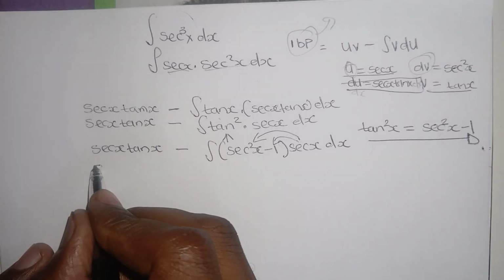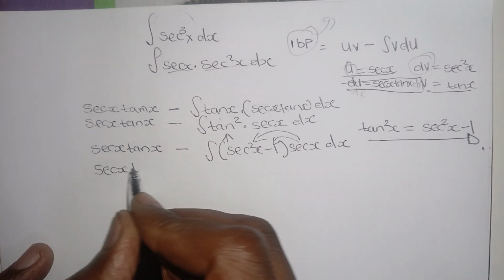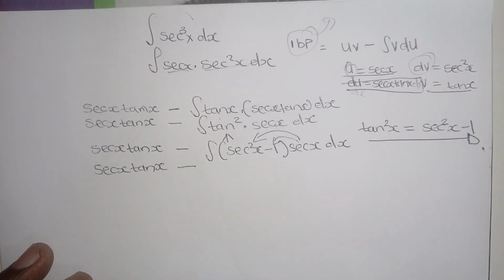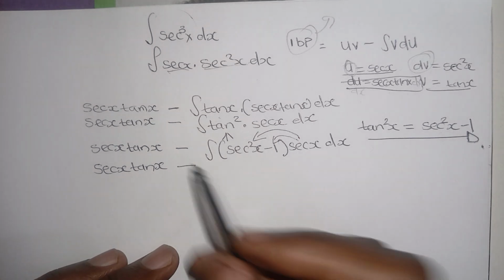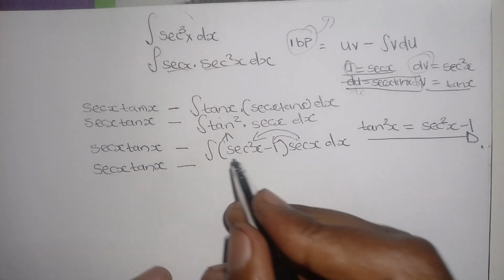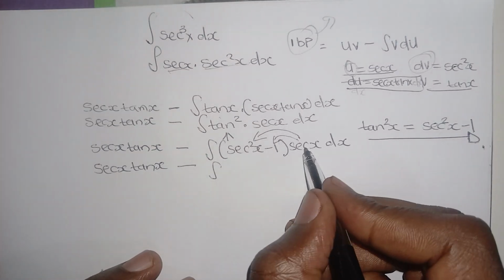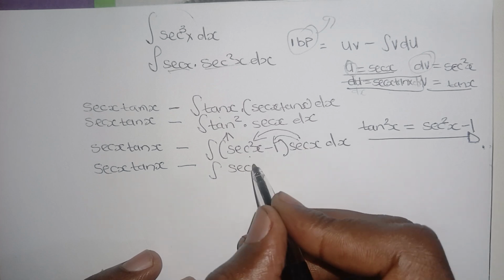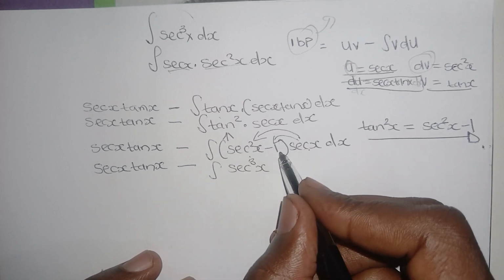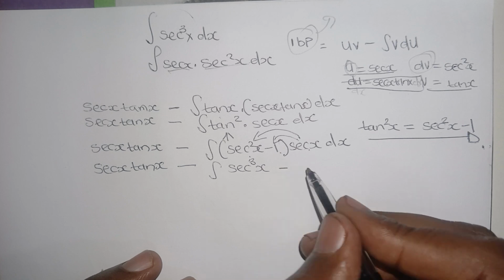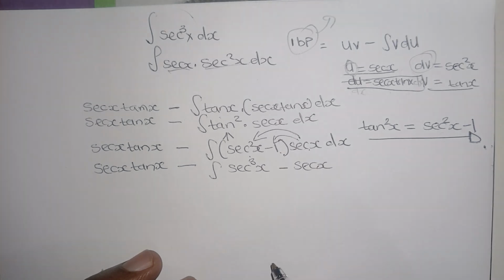Now, don't forget about this negative, because it might complicate your life. This multiplied by this is just secant cube. This multiplied by this is going to be negative secant x.